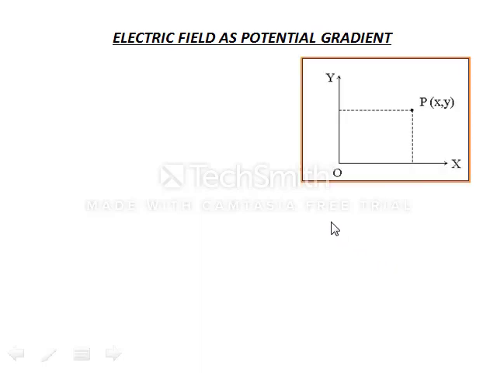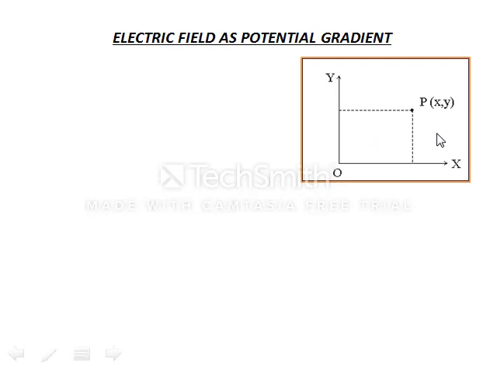Let us imagine a region of space given by the xy coordinates this way, x-axis, y-axis, the origin. We have a point P whose x coordinate is x and y coordinate is y. Our basic problem is to find the electric field at this point, and we know the potential of all the points present nearby.